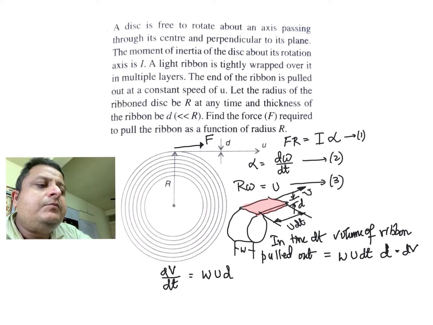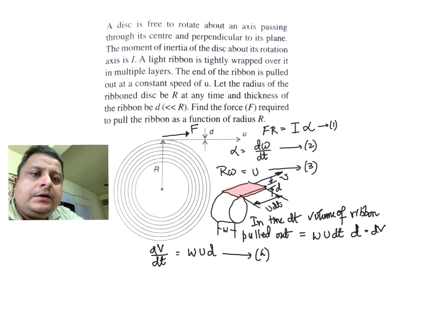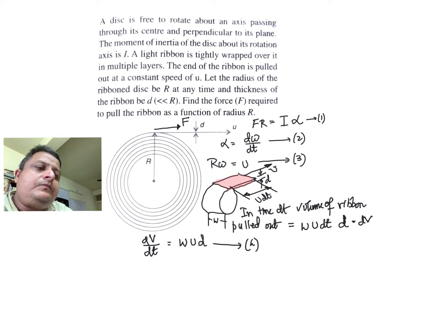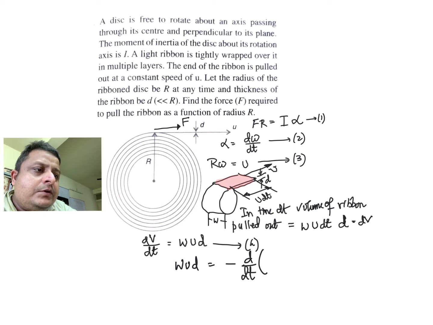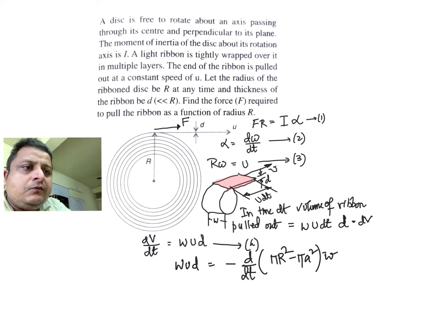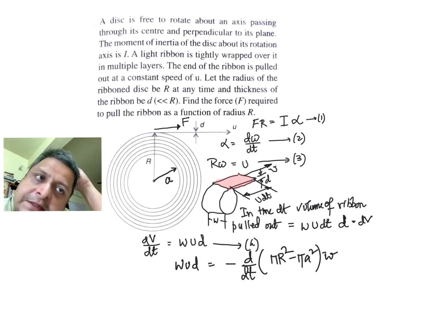Here V is the volume of the ribbon. Now w u d is equal to minus the rate of change of volume. Say the inner radius is a and the outer radius is r.